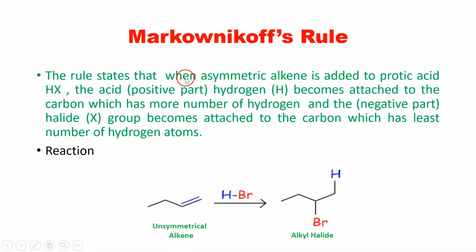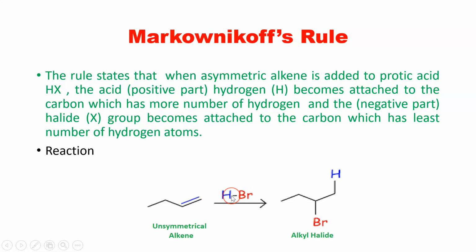The rule states that when an asymmetric alkene is added to a protic acid, asymmetric means the double bond is not symmetrical in the alkene. If it was symmetrical, the double bond might be in the middle, but this is an asymmetrical alkene. A protic acid, that is HBr, means it liberates H plus.